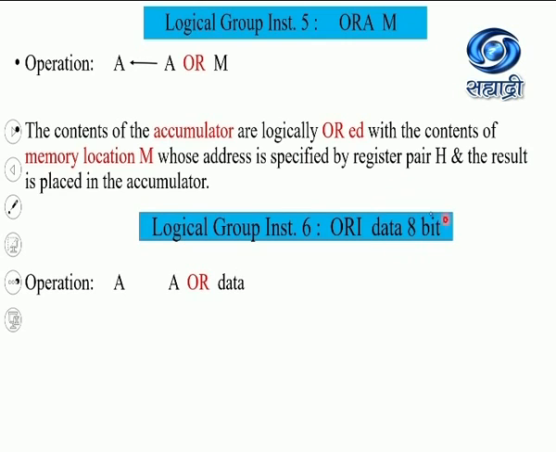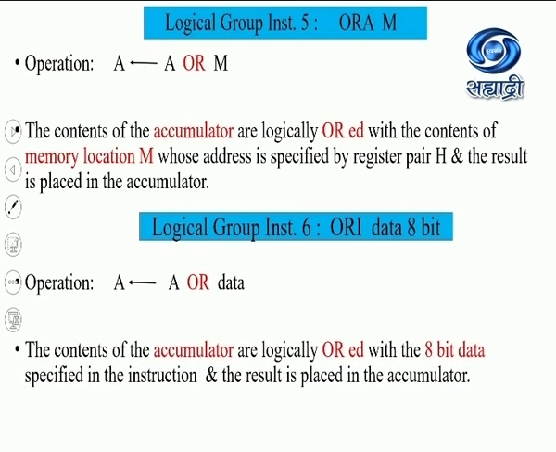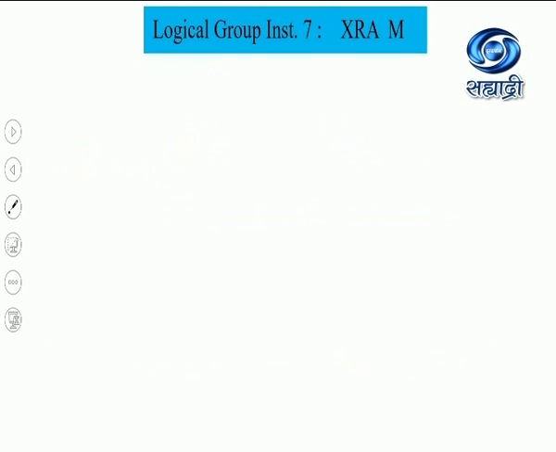So when data is specified in the instruction, we can use this instruction. It will logically OR contents of accumulator with 8-bit data specified in the instruction, and result is placed in the accumulator. So there are 3 instructions related to logical OR operation.